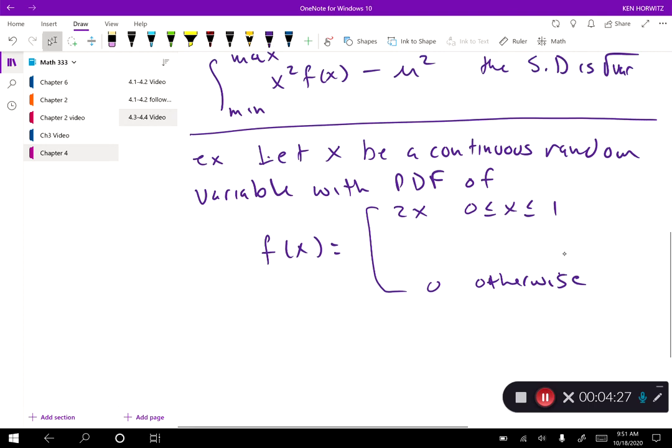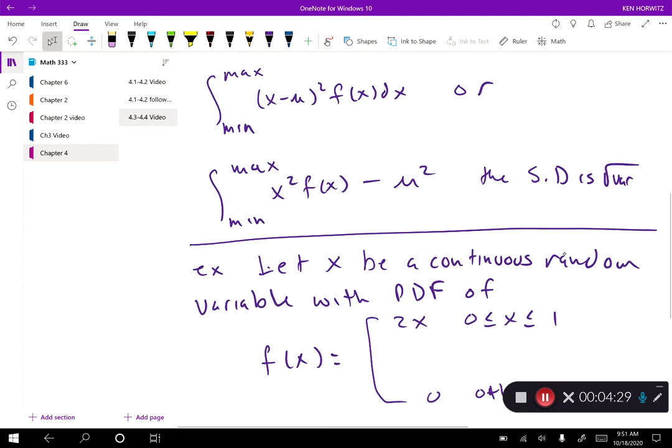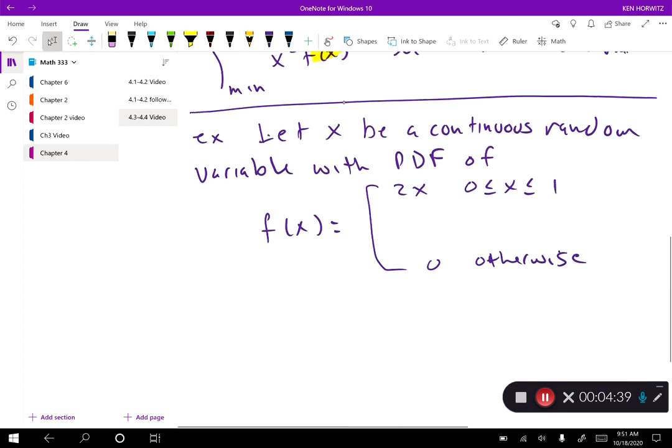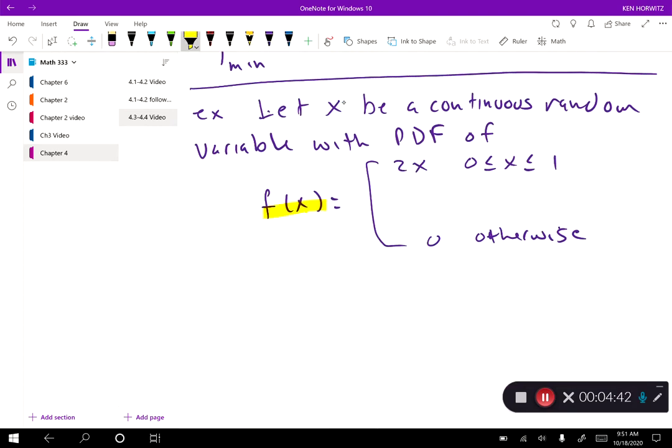All right, so I want you to notice that I gave you a whole bunch of formulas that said f of x. Well, I didn't really tell you what f of x was, but notice, our f of x, with our little f, is our PDF. So the question is very straightforward. Find E of x, our expected value.